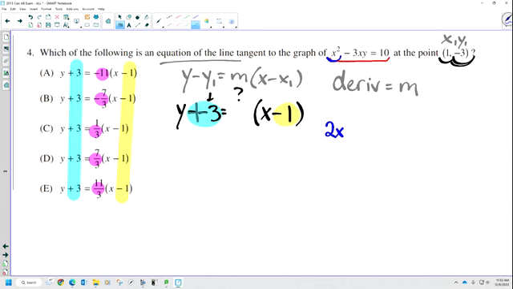Now, I've got to do the product rule. -3x is my first term times y, my second term.